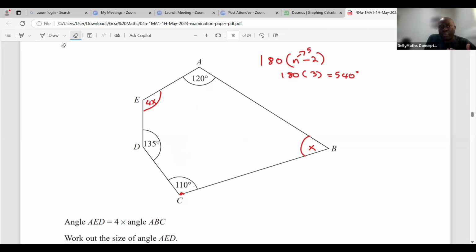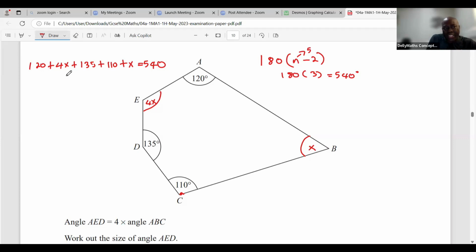Now, let's see how to apply this. Basically, all we're saying now is if we should add all the interior angles, for example, 120 plus 4x plus 135 plus 110, then all of this should come to 540 degrees.